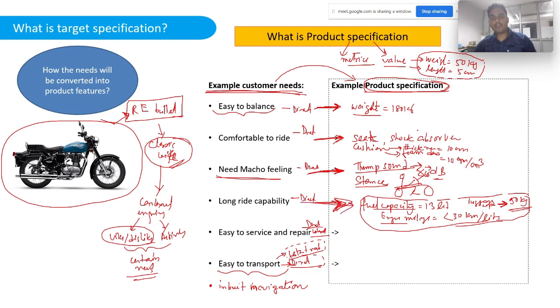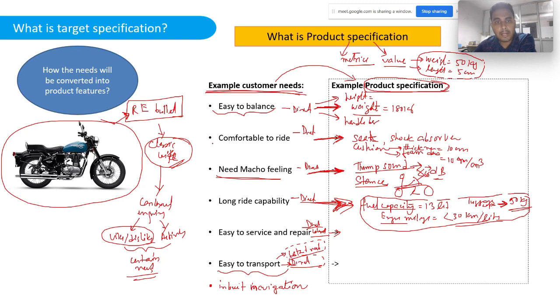The reason I gave these examples and asked you this question is to understand that one particular need statement can lead to multiple product specifications. For example, easy to balance can be height, weight, handlebar distance, and a lot of things. Similarly, comfortable can involve seat cushion, shock absorption, macho feeling, stance, thump sound. So one particular need can have multiple product specifications.